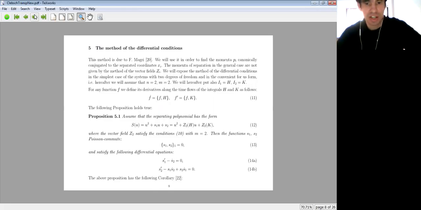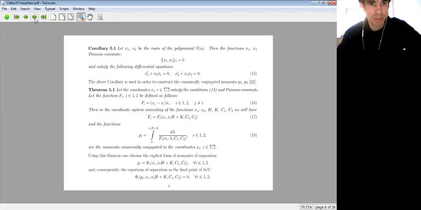Then the functions s1 and s2, the coefficients of this separating polynomial, will Poisson commute, formula 13, and satisfy the following differential equations, 14a and 14b. The first equation is linear, and the second equation is quadratic.